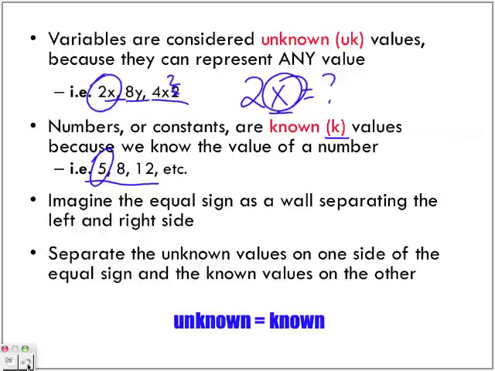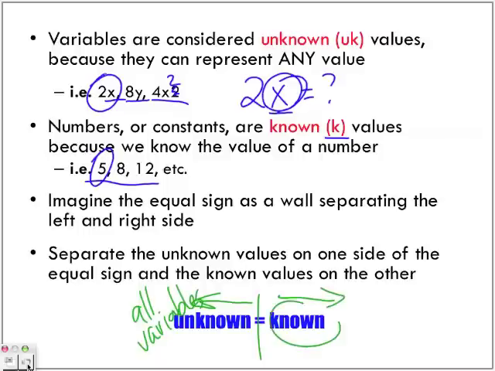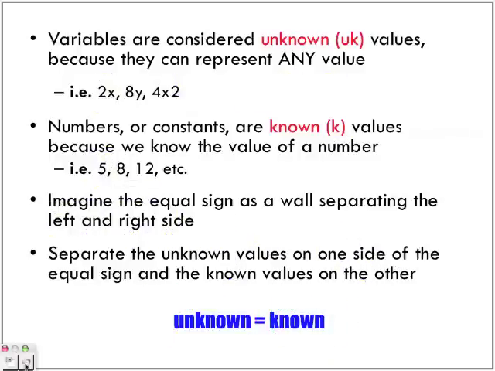If we have an equal sign, we're going to put everything that is unknown, anything that includes a variable, on one side. All the known values will be on the opposite side. So you're going to see mixing and matching, and it's going to be up to you to combine them together.